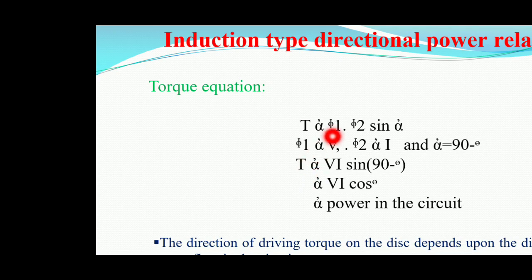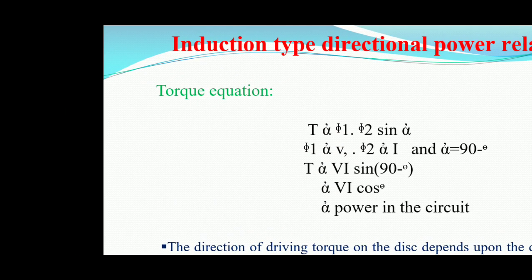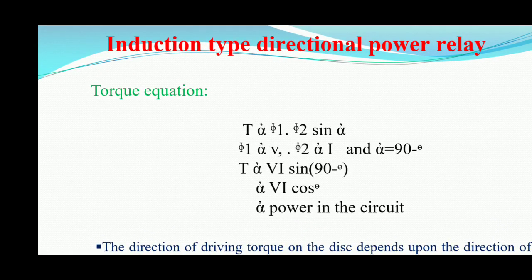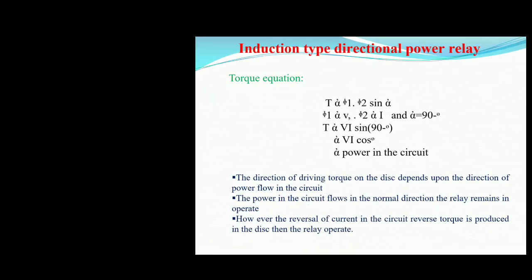Then phi 1 and phi 2 will be replaced by V and I. Therefore, alpha will be taken as 90 minus theta. Then sin of 90 minus theta equals cos theta. The power formula is VI cos theta. Then the torque will be proportional to the power in the circuit.